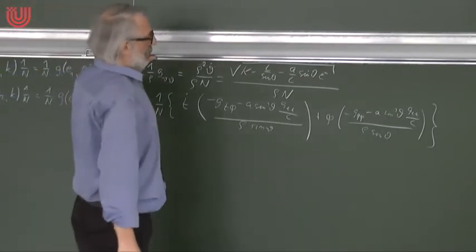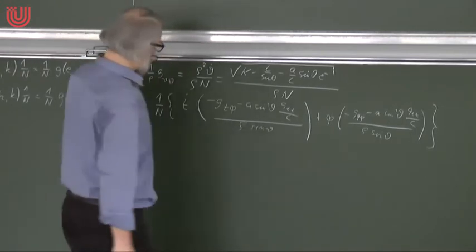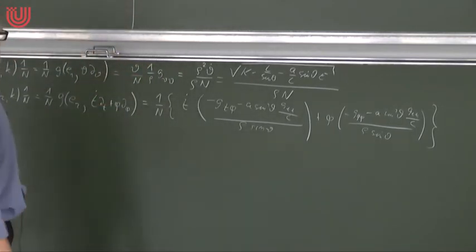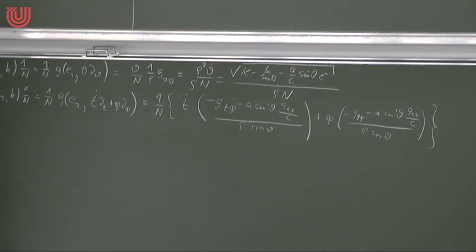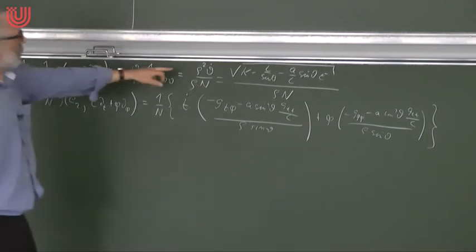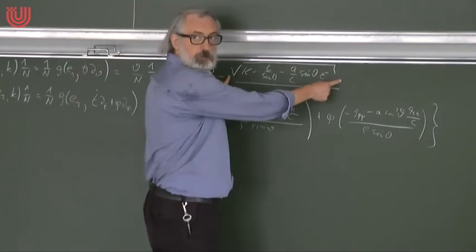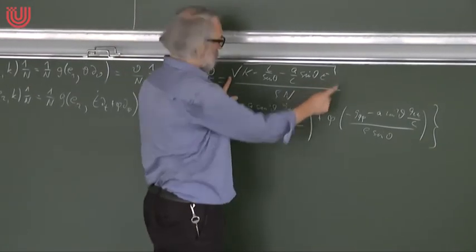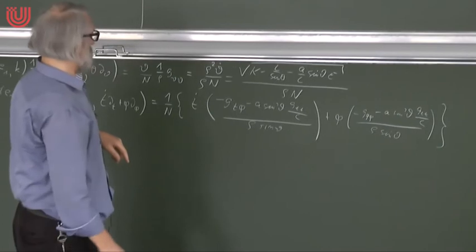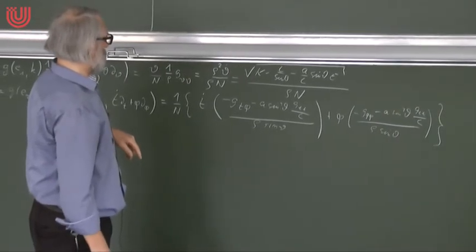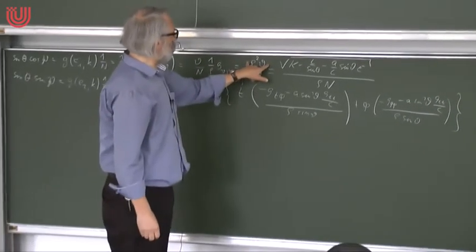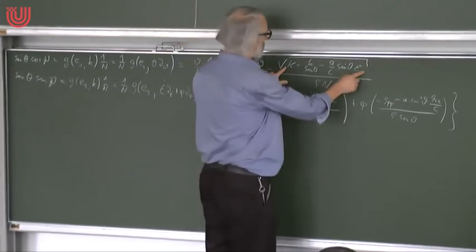Excuse me? In the first line, where has the square gone? Where was the square? K minus the stuff squared, in the first line: rho to the 4 times theta dot squared. Yes, I took the square root here. But you took the square root of... So the square of this here is what is under the square root.